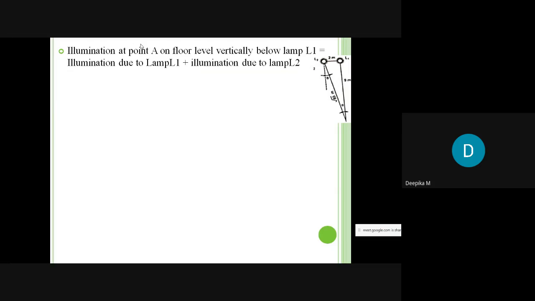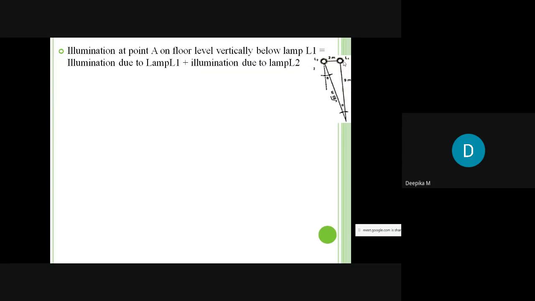They have given the illumination directly below the lamp, so this point will have more illumination, right? And we have to calculate the candle power of lamp 2. To calculate this, take the illumination at a point A on floor level vertically below the lamp L1.